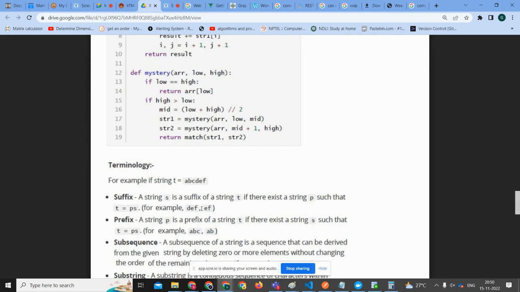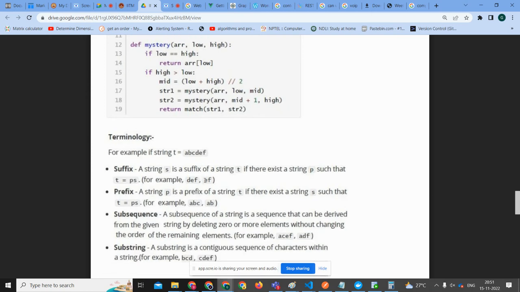Okay, example, DEF and EF. See, suffix is whatever comes at the end. In DEF, EF is a suffix because EF comes at the end, right? Correct.